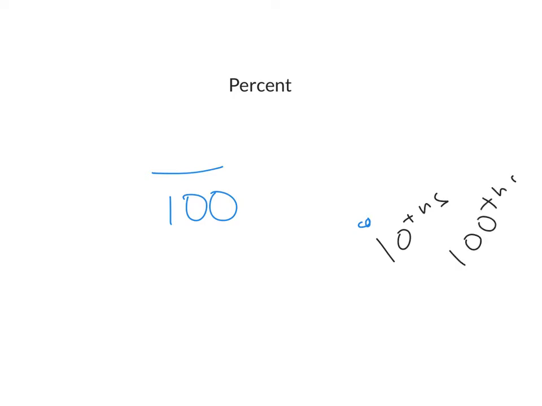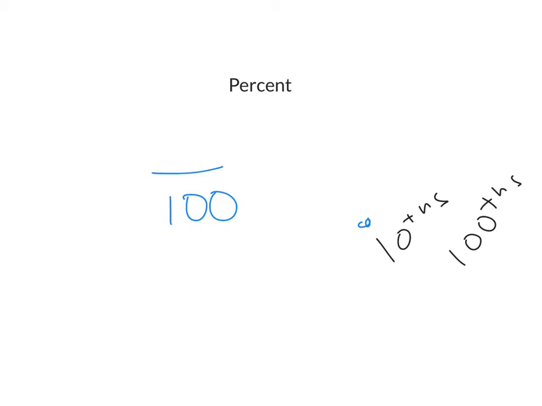So now, how does that relate to percent? Okay, so that we know that percent is something out of 100. We know that per is each, and then cent is 100. So something out of 100. Now, a decimal then relates in this way. Let's write our place value, tenths and hundredths.